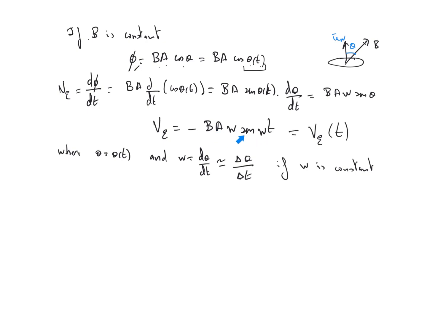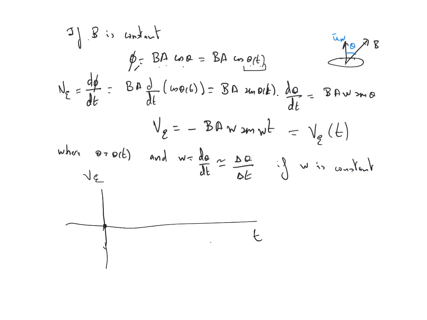So if you want to graph this epsilon as a function of t, you will basically have to graph sine of omega t. It will be like this. In the graph of epsilon as a function of the time t, at t equals 0, sine of 0 is 0, and we are here at t equals 0.